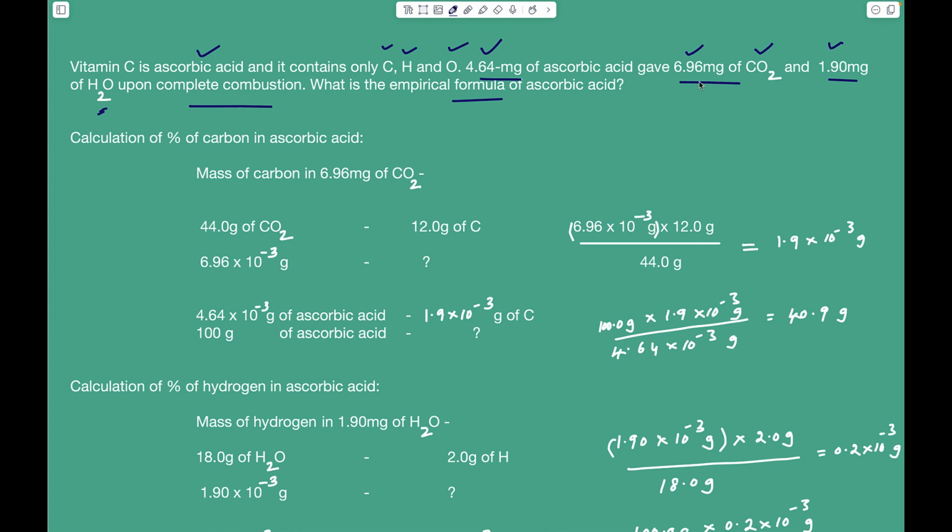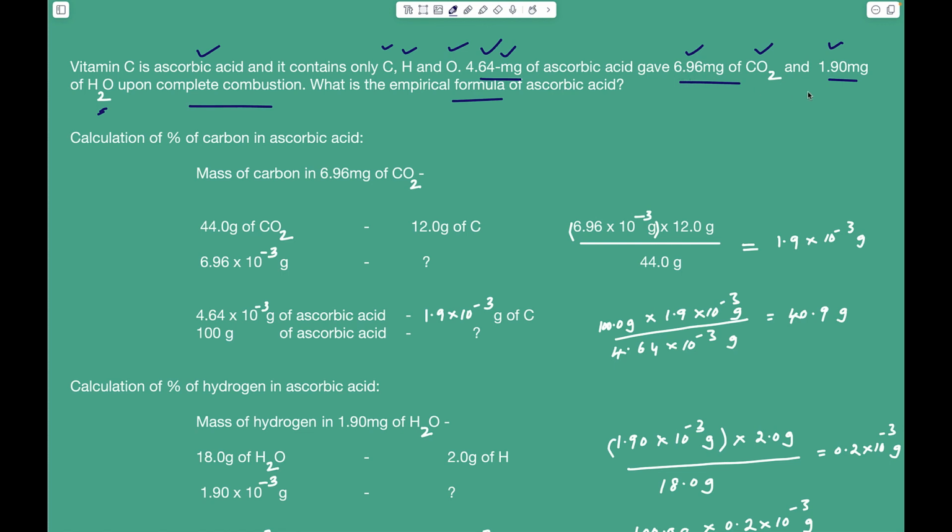That means the amount of carbon present in 6.96 milligrams of carbon dioxide is equal to the amount of carbon present in 4.64 milligrams of ascorbic acid. Similarly, all the hydrogen present in 1.90 milligrams of water vapor has all come from this much of ascorbic acid.